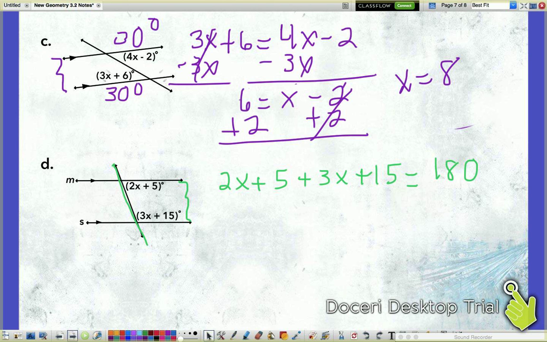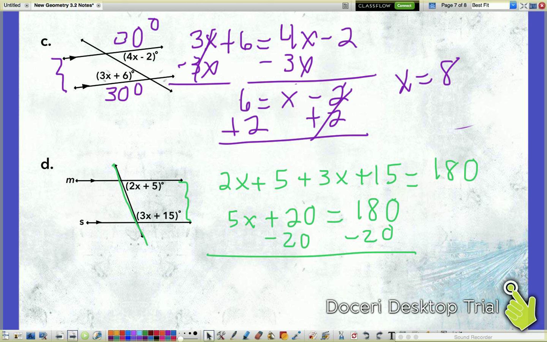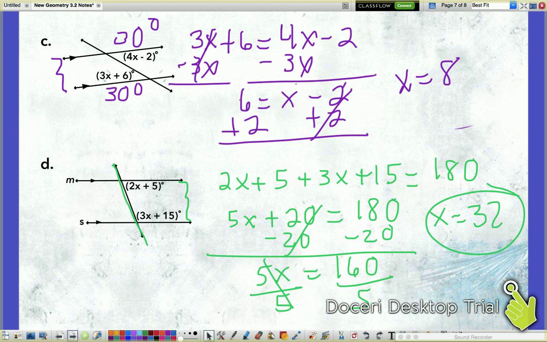So 5x plus 20, by combining like terms, is 180. So 5x is 160. Divide both sides by 5, and you get... coffee spilt. That's just what happened. 32. So we need to plug that back in.